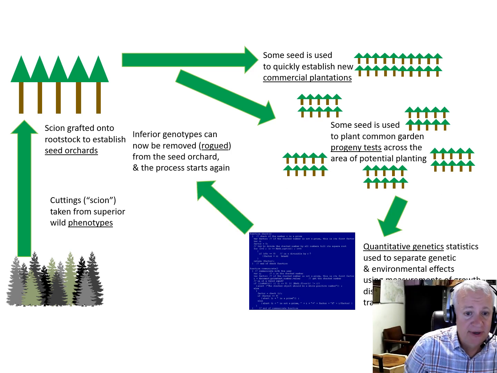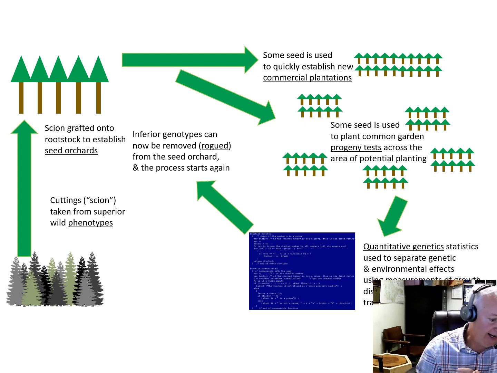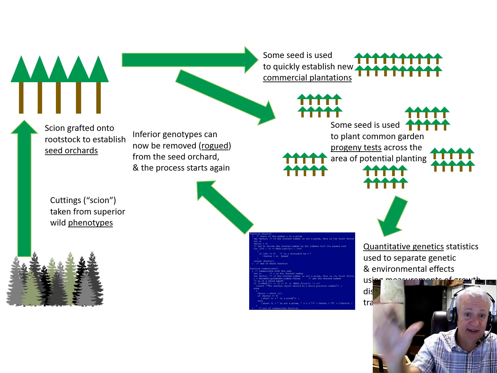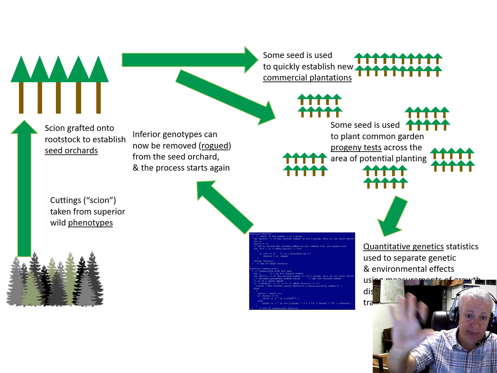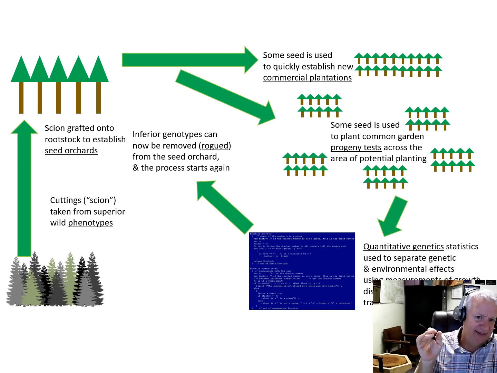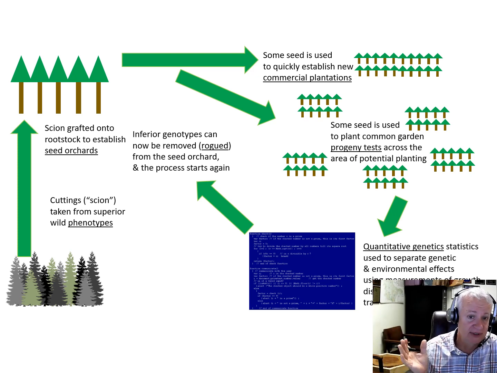Okay, so now those quantitative genetics measurements, assessments, allow us to rank the genetic worth of the parents in the seed orchard. And they allow us to then determine, oh, okay, parent A, B, and C clearly produce offspring that are better than average, whereas parents D and E don't.